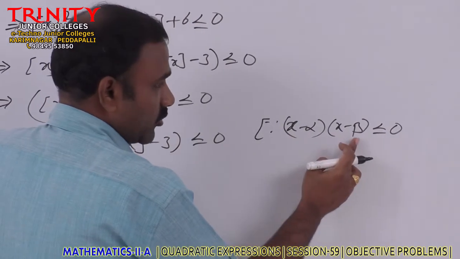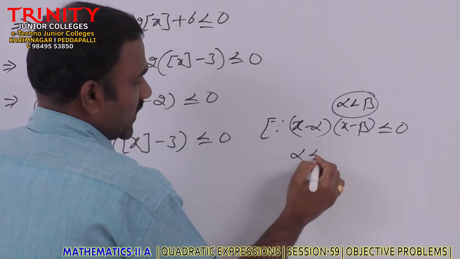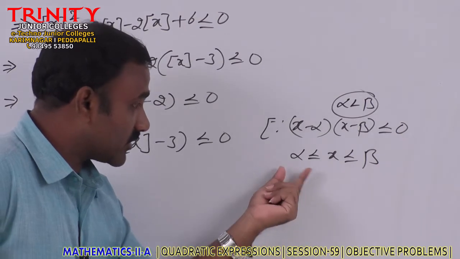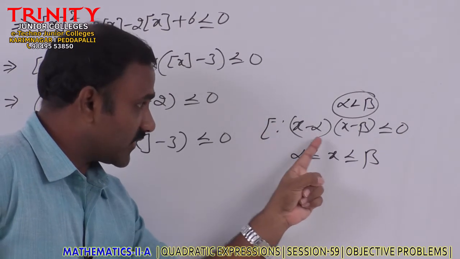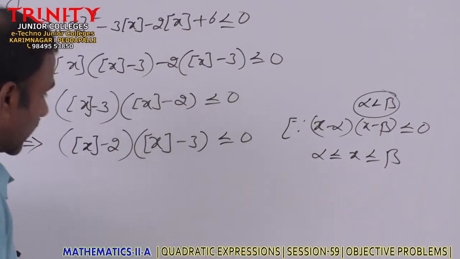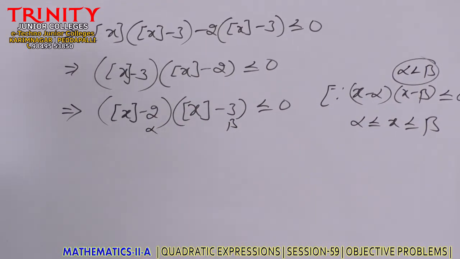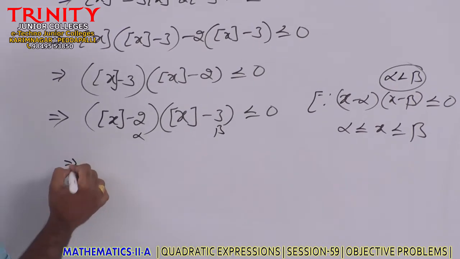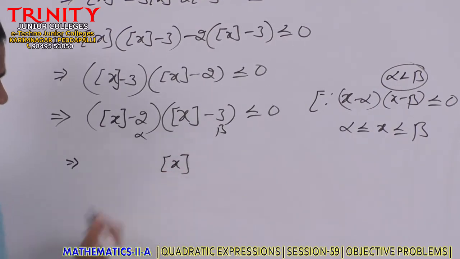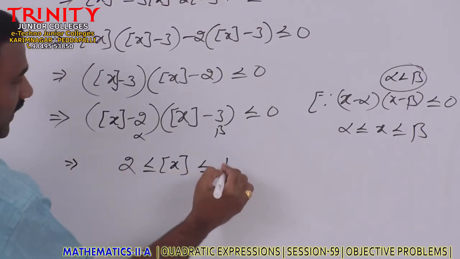If (x − alpha)(x − beta) ≤ 0, where alpha must be less than beta, then alpha ≤ x ≤ beta, so x lies between alpha and beta. Here, instead of x we have [x], which lies between the roots alpha and beta.